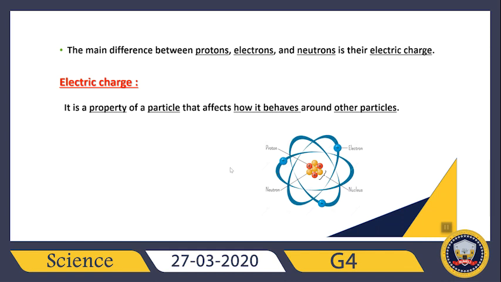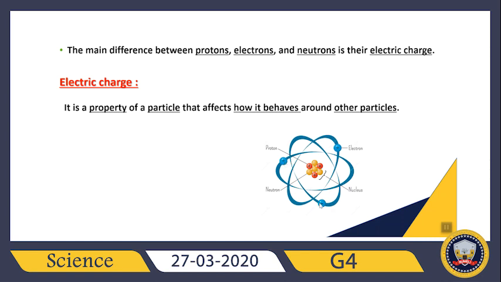As we see in the picture, which kind of charge do the protons have? Can you see the red ones? The protons have a positive charge. Positive charge means they have this plus sign. While the electrons have this sign like minus.